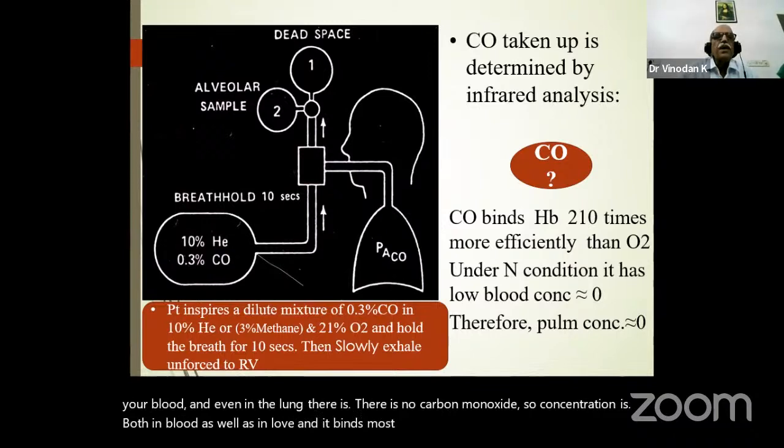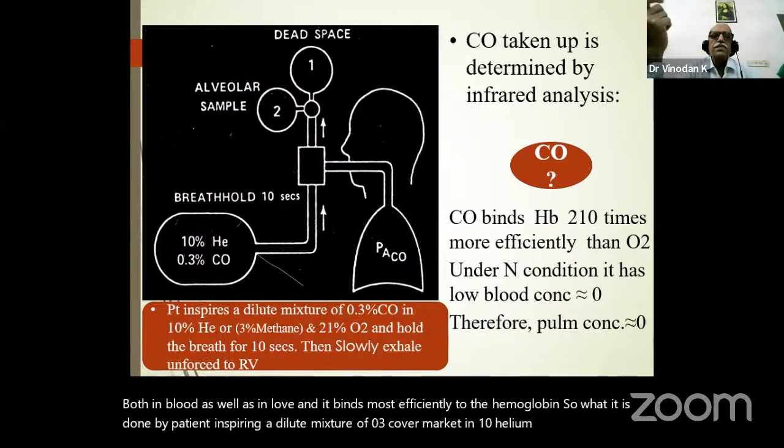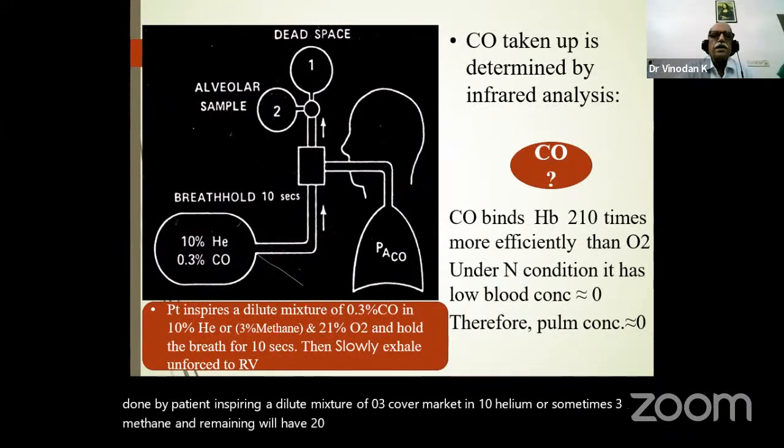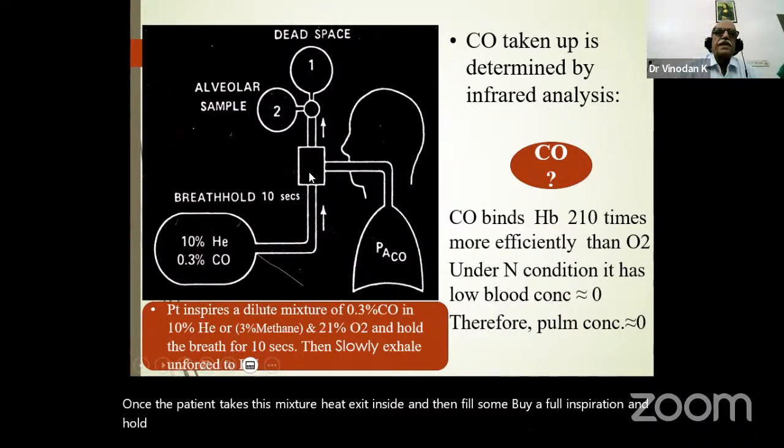It is done by the patient inspiring a dilute mixture of 0.3% carbon monoxide in 10% helium or sometimes 3% methane, and the remaining will have 21% oxygen and about 79% nitrogen. Once the patient takes this mixture, he takes a full inspiration and holds it for 10 seconds, and then he breathes it out.